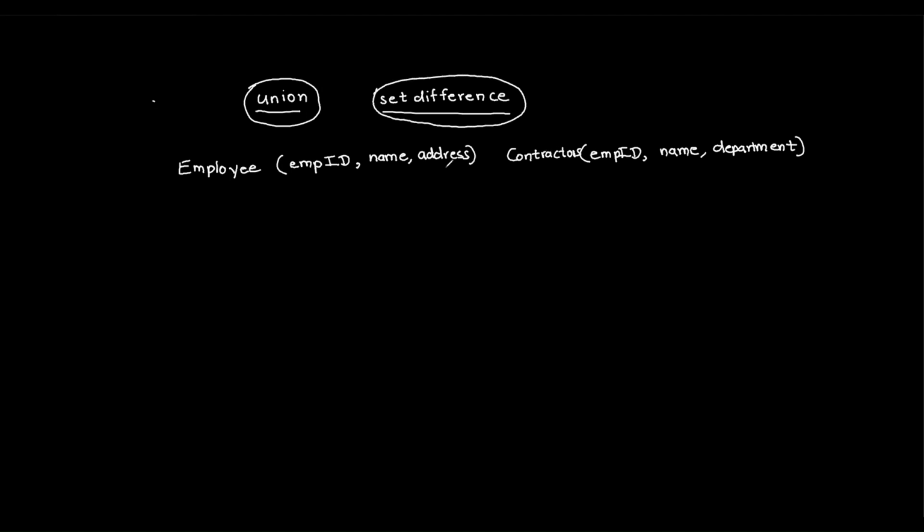Well, we can't apply it directly. Why? We have a problem. It doesn't fulfill the requirement for union compatibility to apply the union operation. So that's why we will use a renaming operator in this case. First of all, we will rename address into info in the employee relation, and union or set difference, that's our wish. Mostly we will be using set difference here, obviously.